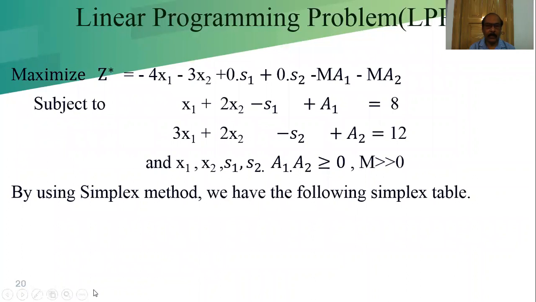Now, what is the initial basic feasible solution? How many variables are there? 1, 2, 3, 4, 5, 6. So we consider x1, x2, s1 and s2 equal to 0. Then we get a1 equal to 8 and a2 equal to 12, because a1 and a2 form the basis and are the basic variables.